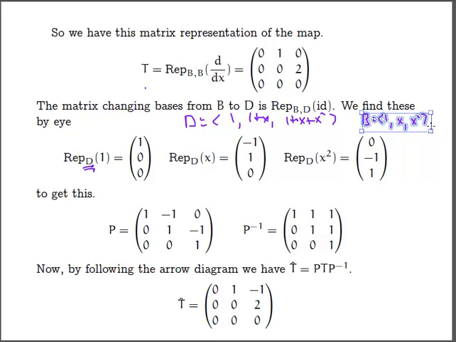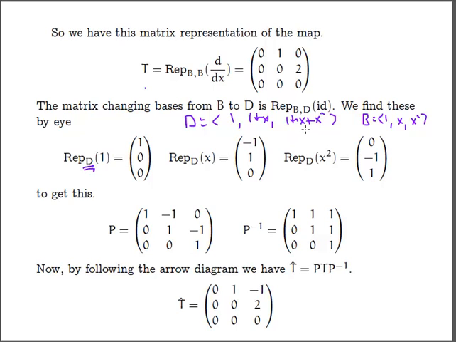The polynomial x can be expressed as 1 plus x minus 1. So it's minus 1 times D1 plus 1 times D2 plus 0 times D3. So that's where we get the minus 1, 1, and 0.